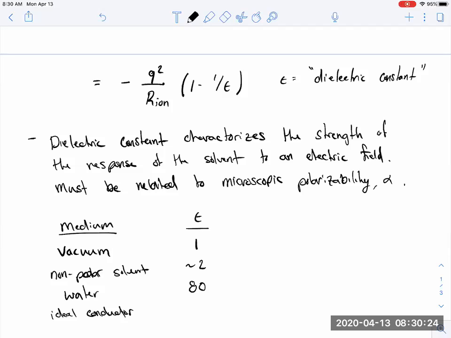Metals can polarize ideally in response to electric fields. It has a dielectric constant which is infinite. Now we'll note that 80 is awfully close to infinity. If I took 1 minus 1 over epsilon, where epsilon is 80, that is 79 over 80, which is awfully close to 1.